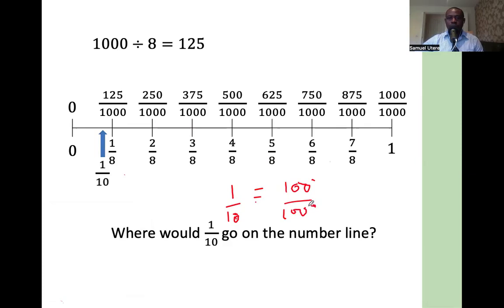Another way to think about it is you simply multiply the numerator by 100 and the denominator by 100.